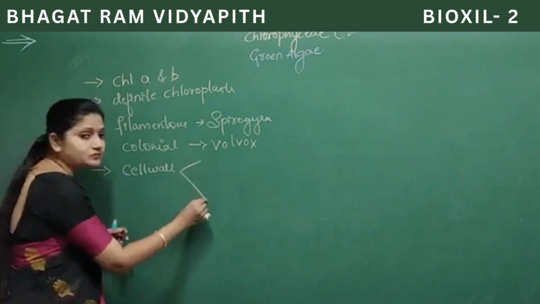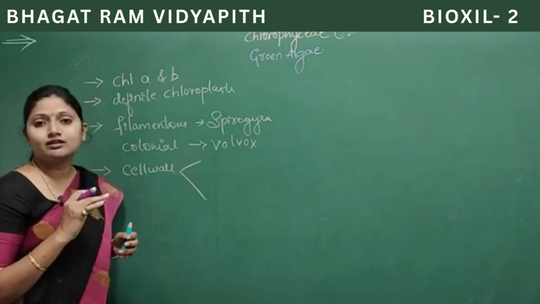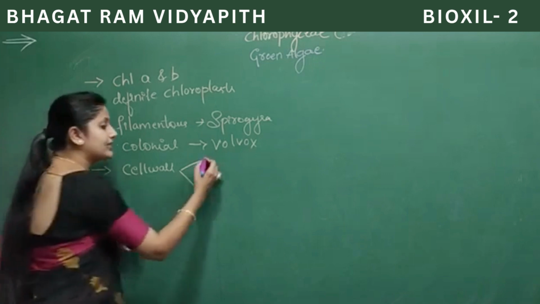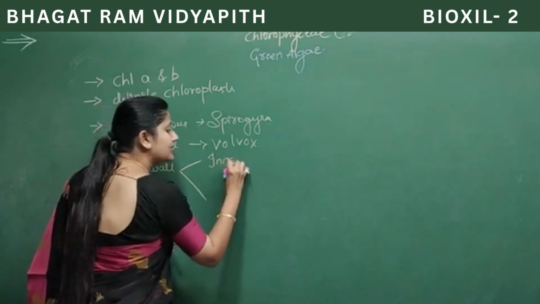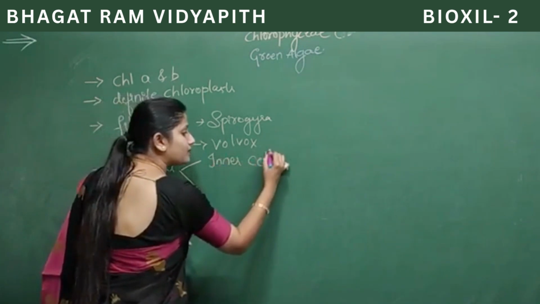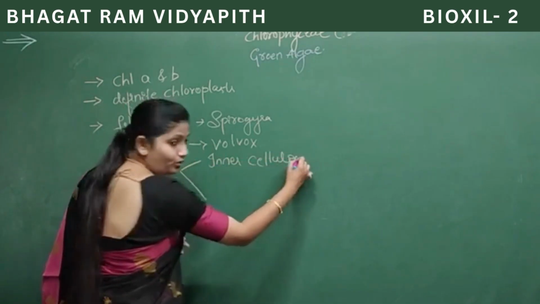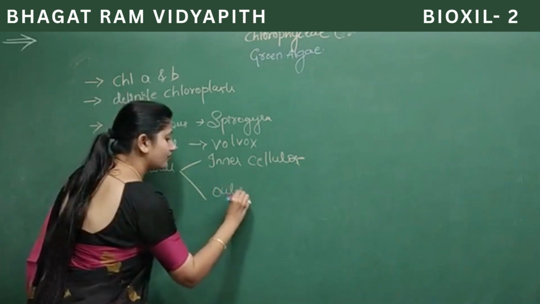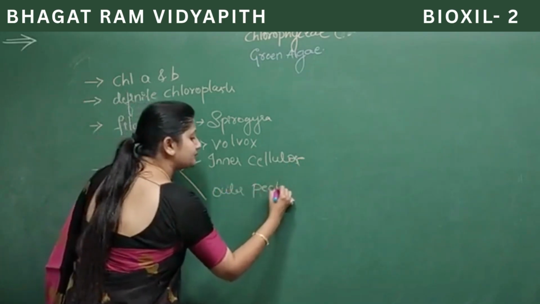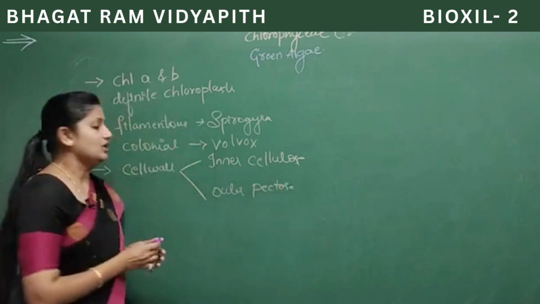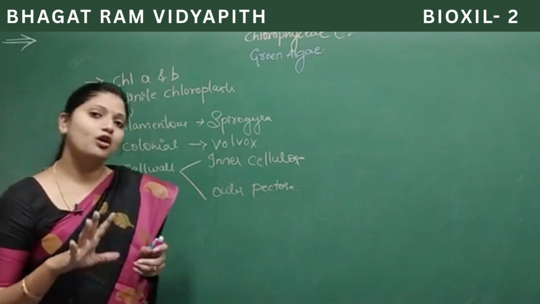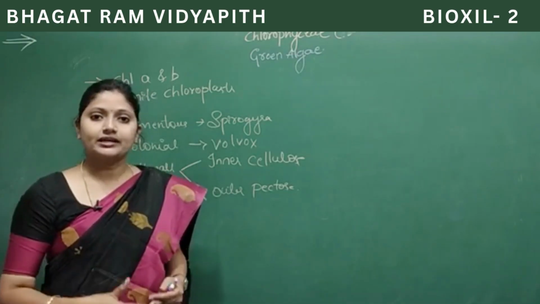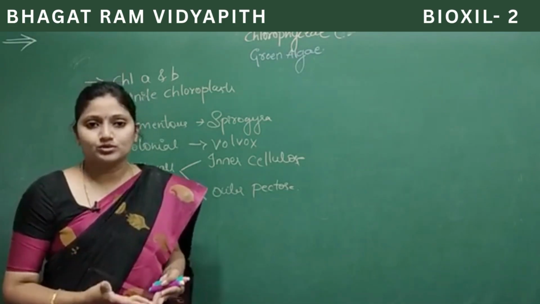The inner part of the cell wall is made up of cellulose and the outer is pectose. The cell wall is actually of two layers. So the inner is the cellulosic layer, the outer one is the pectose layer.